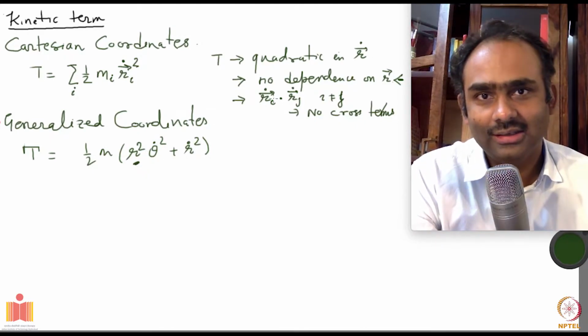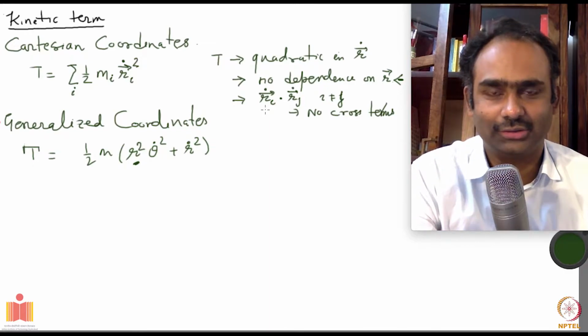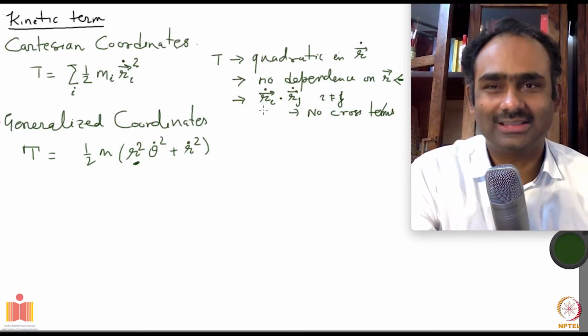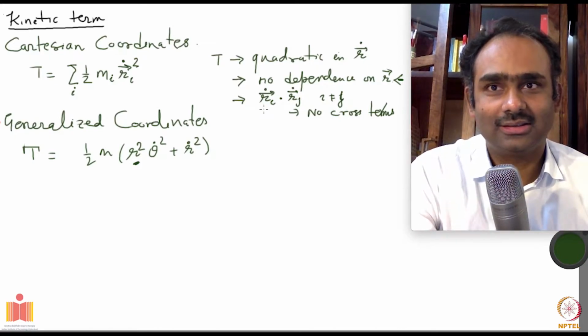Here it is still of the form where cross terms are not present, so you still don't have a term like theta dot r dot. But as I will show, this is also not a general statement. In principle, they can be present.